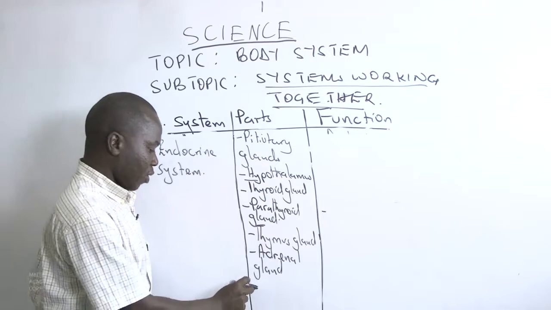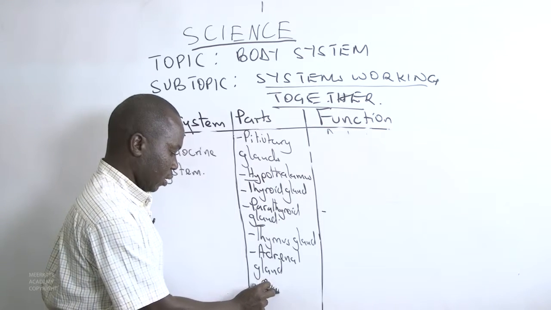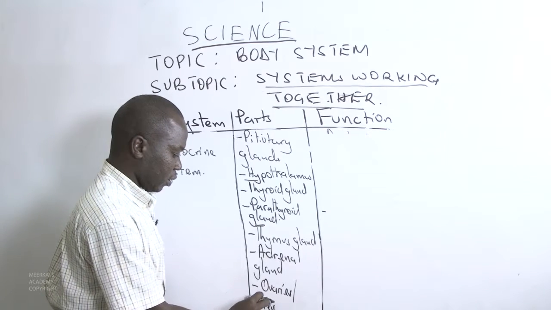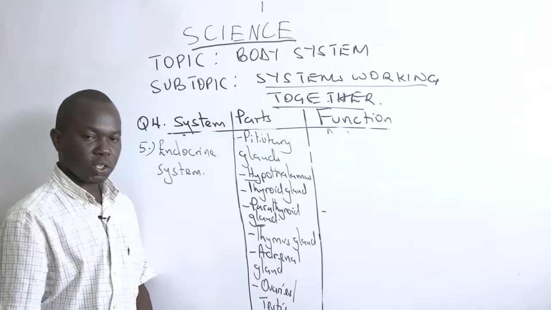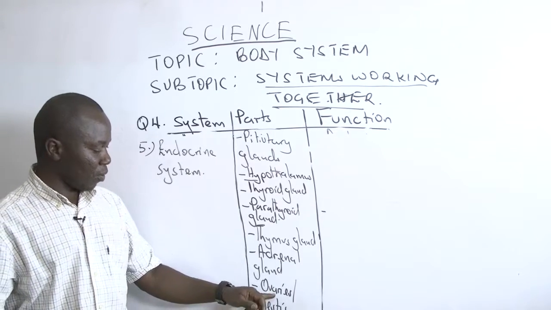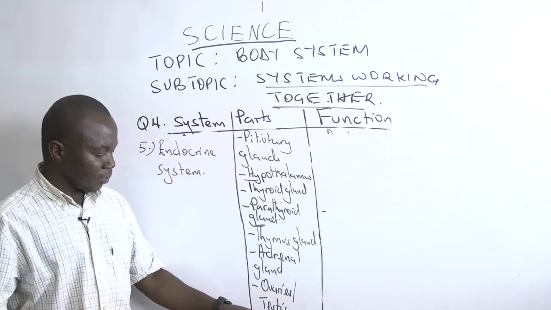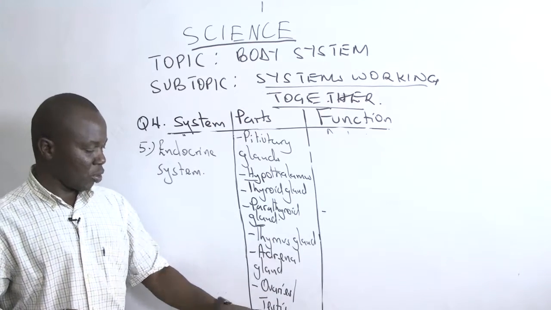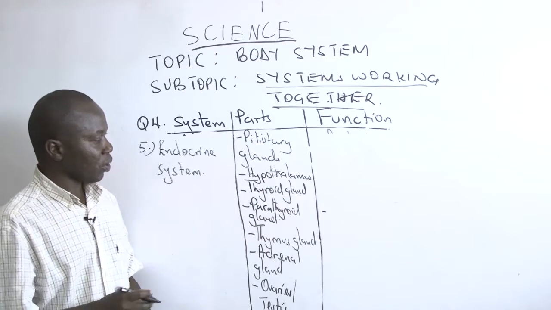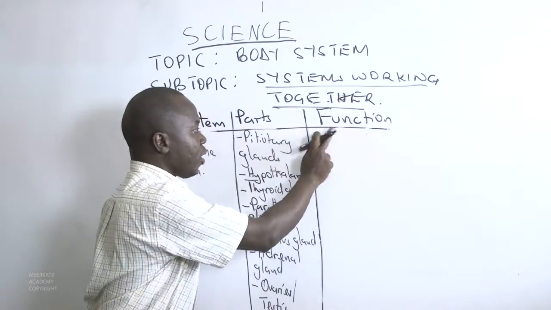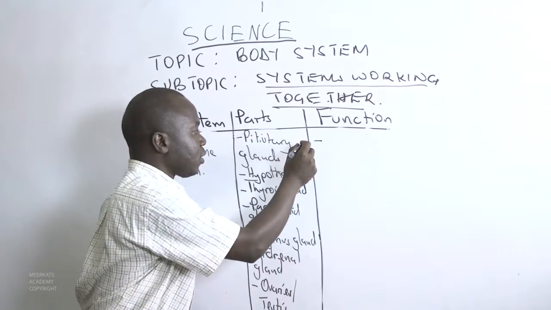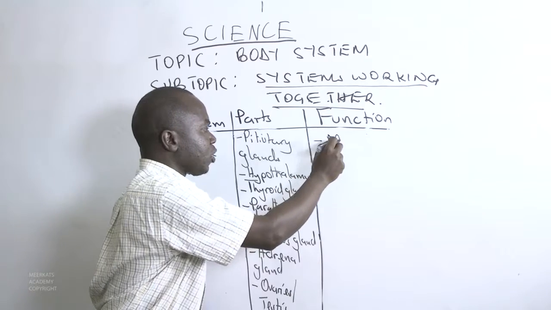We have ovaries and testes, for secretion of estrogen in the ovaries, and testosterone in the testes. You know the role of those hormones. So again, just like the nervous system, the endocrine system is a means of communication.